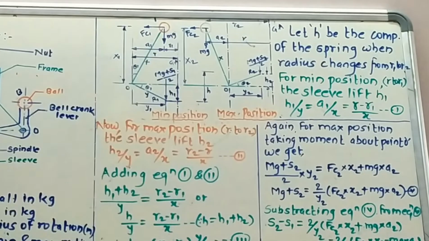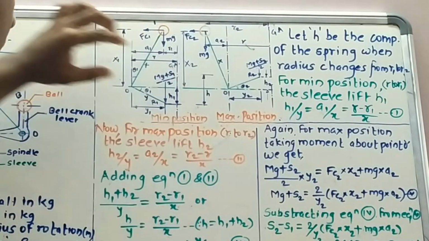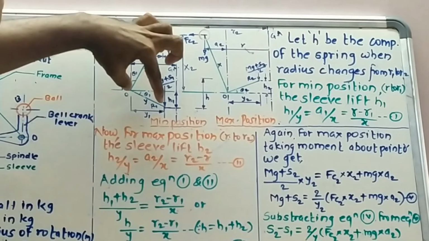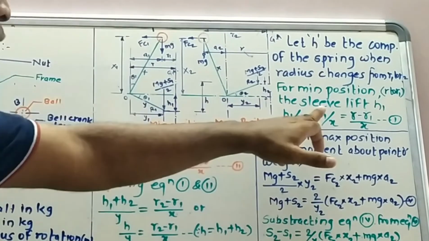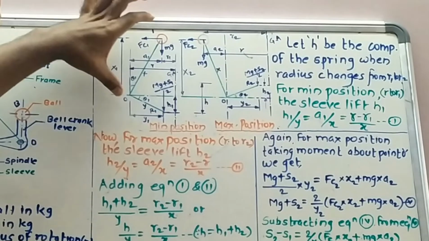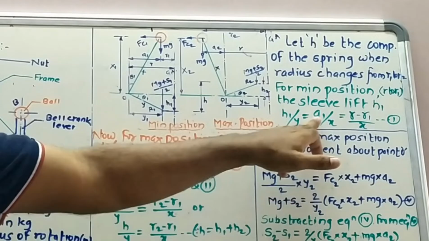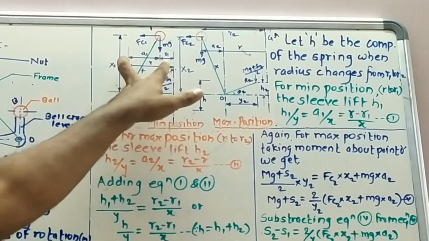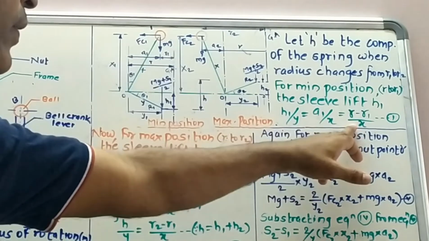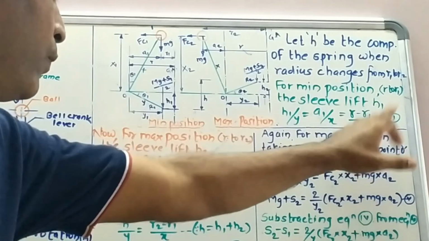So h1 divided by y equals a1 divided by this distance x. So a1 is nothing but (r minus R1) divided by x. We get relation number 1.